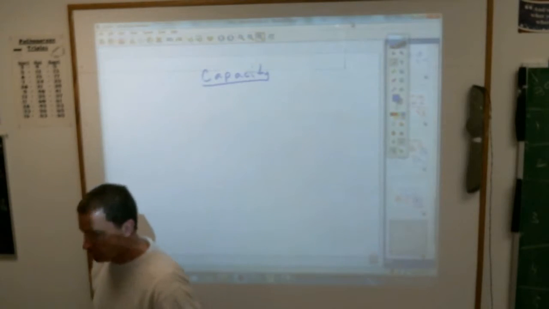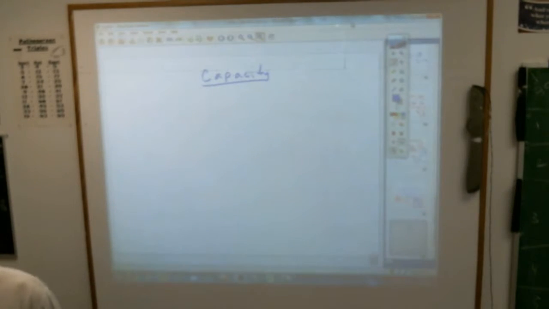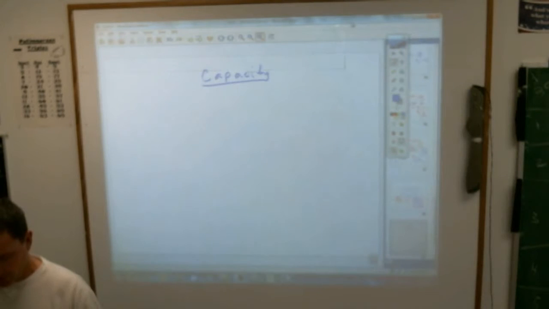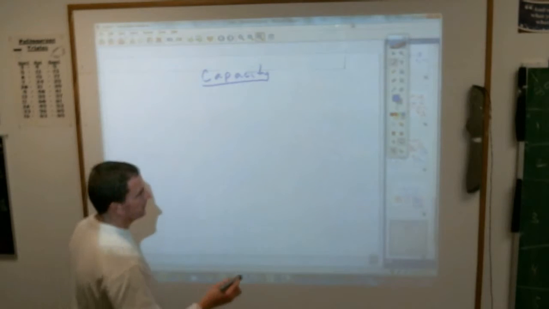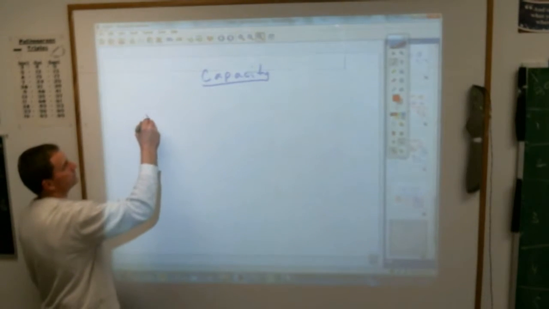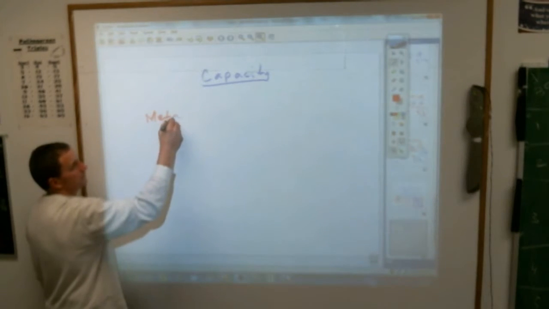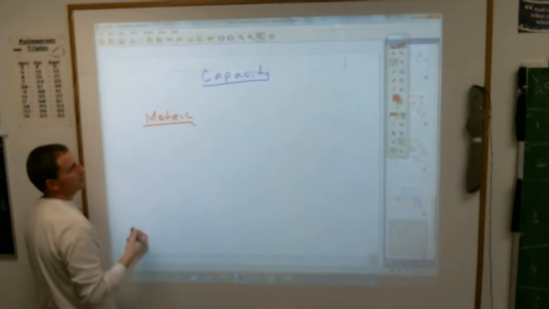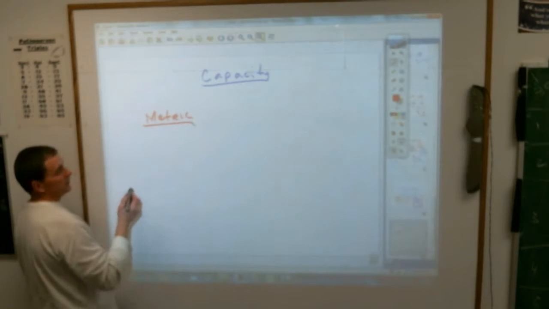Give me 12 inches of water or 5 feet of gasoline, we have units of capacity. We'll start with the metric system because it's very, very simple. In the metric system, what the smart people in the world use, the basic unit is a liter.